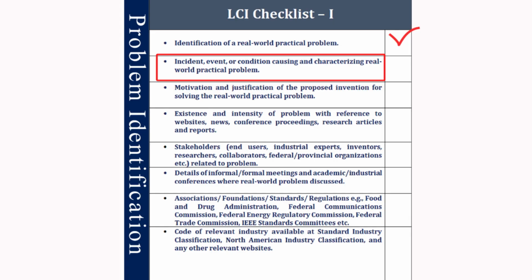So what an academic inventor or an entrepreneur needs to understand first is what real-world practical problem his invention is going to solve. The second item in the LCI Checklist 1 asks about the incident, event, or conditions causing and characterizing the real-world practical problem. Let's try to learn it with the help of certain examples.